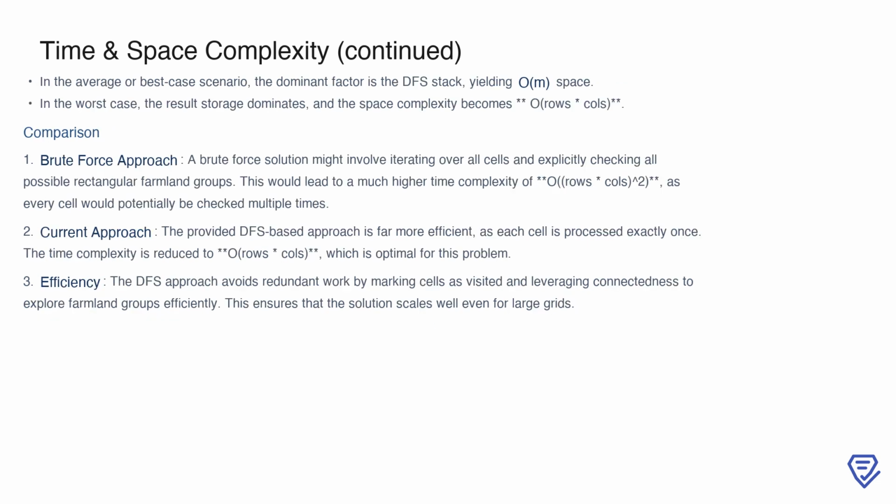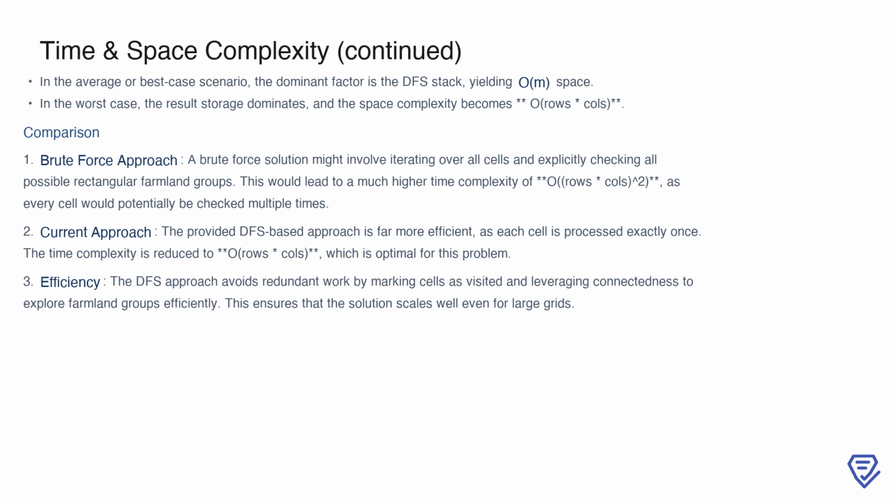In practice, the space complexity depends on the scenario. For average or best cases, the DFS stack, which is O(M), is the dominant factor. However, in the worst-case scenario, the result storage can dominate, leading to a space complexity of O(rows*cols). To compare, a brute force approach might involve checking all possible rectangular farmland groups explicitly.